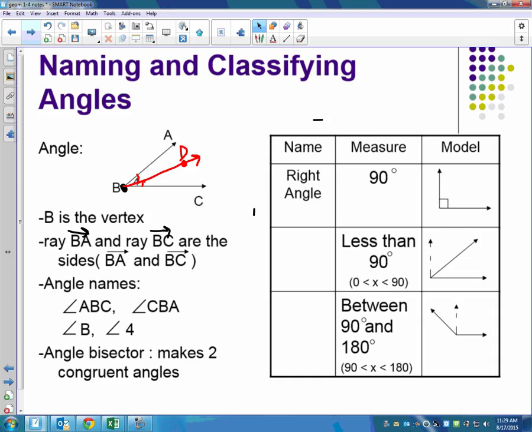What's that one called? Acute, because it's just a cute little angle. And then angles that are bigger than 90 degrees but less than 180 degrees, what are those called? Obtuse angles.